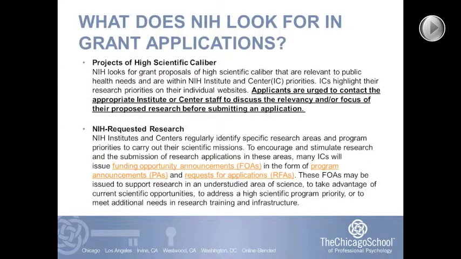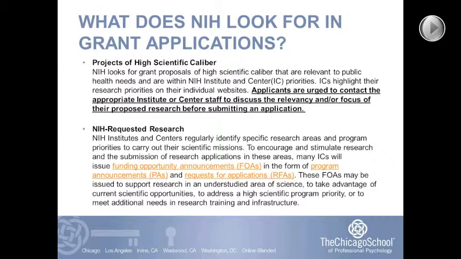So that was just a few institutes, and as I said, there are many, many others, and many, if not all of them, have some interest in behavioral research. So it really behooves you to look at the spectrum of what the institutes do, and there may be more than one that has some relationship to your work.